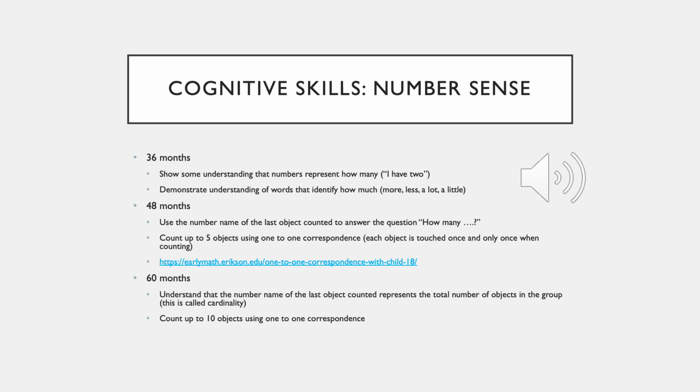Alrighty, so now for cognitive skills related to number sense. At 3 years old, children have some understanding of what number representation looks like. So I have 2 or I have 3. They're able to tell how old they are and use their fingers as accurate representations for numbers. So understanding the importance of demonstrating the words and the quantities that they're indicating.